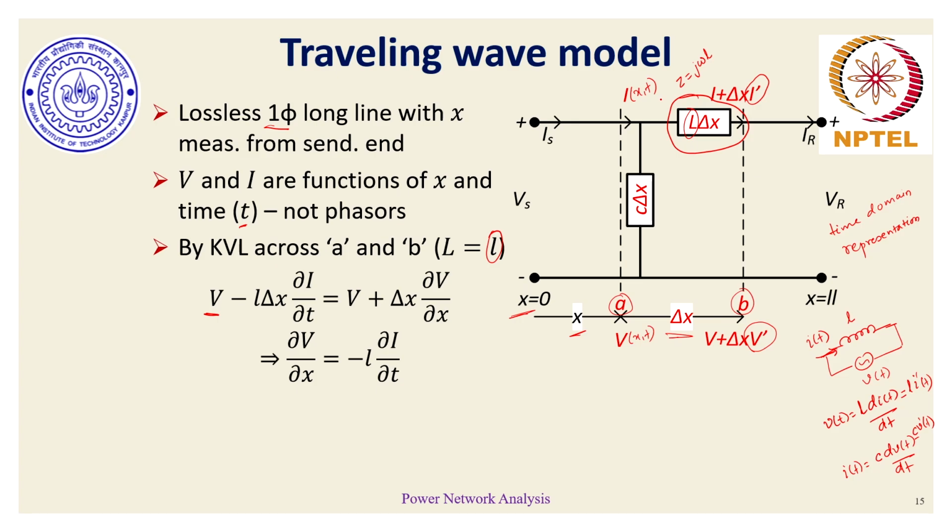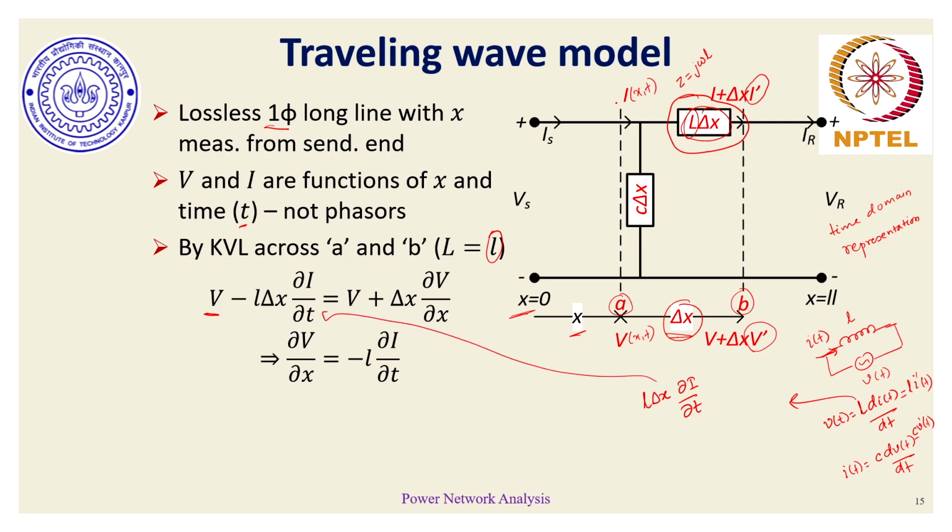The width of the section is delta x, so I multiply l into delta x, which gives me the overall inductance. And by the property I mentioned, the voltage drop across this inductor would be l into delta x, times the partial derivative of current with respect to t. That is the term present here.